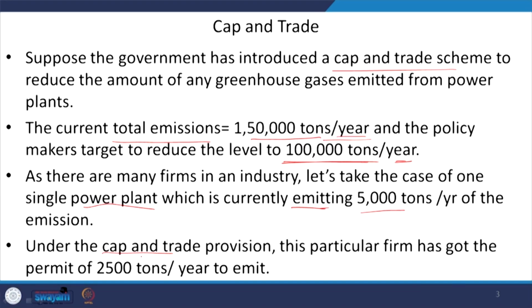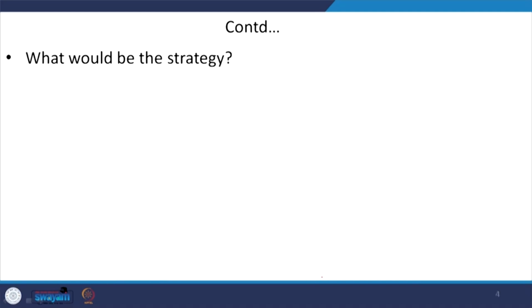However, for individual industries the cap is fixed so that a permit is allowed up to 2,500 tons of emissions per year. That means the individual firm can emit 2,500 tons per year.